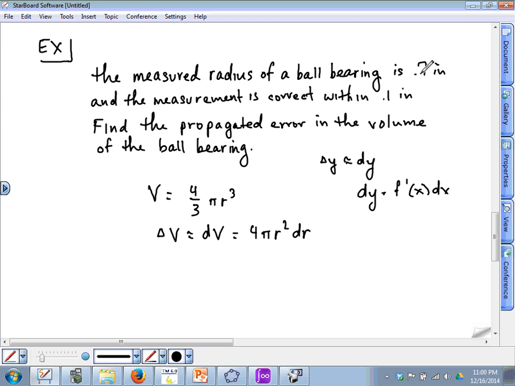The measured radius is 0.7, but that is correct to within 0.1 of an inch. So the change in radius could be within 1/10 of an inch, plus or minus 1/10 of an inch. And so the measured value of the radius is 0.7, but dr is plus or minus 0.1, because the radius can vary by 1/10 of an inch.